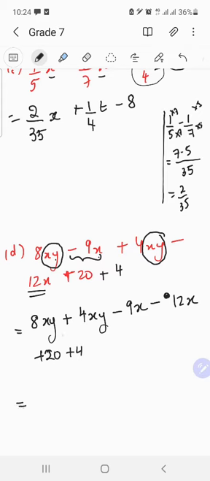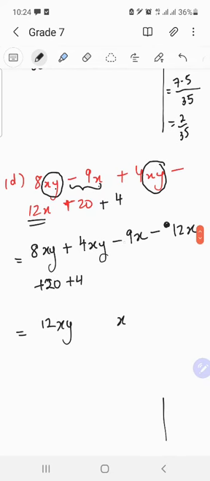Now what I'm going to do is xy stays xy, 8 plus 4 is 12, x and x are the same. Now if you don't remember, when you do integers, there's minus 9 here, minus 12. We have to verify, is the sign the same? When signs are the same, we add.